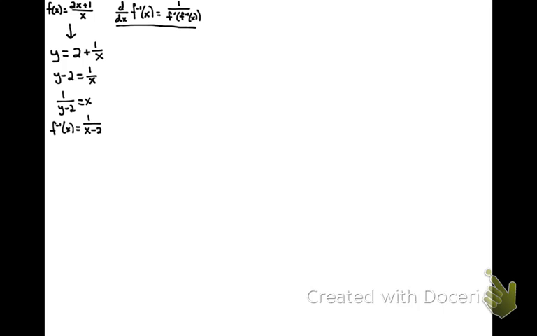And the derivative of the inverse, according to our equation, I need to find the derivative of the function. So using this as f of x, it's just a simplified form.